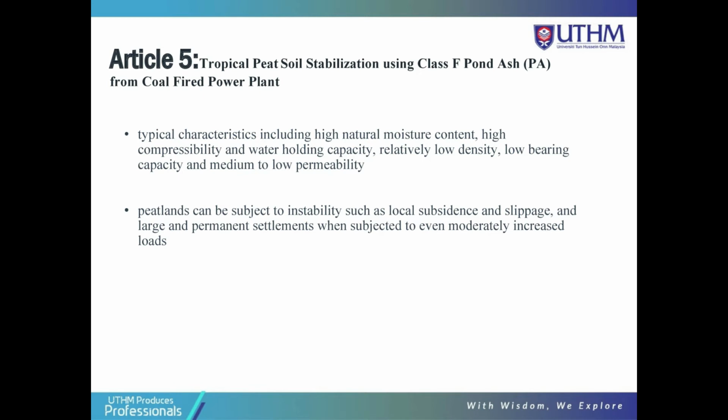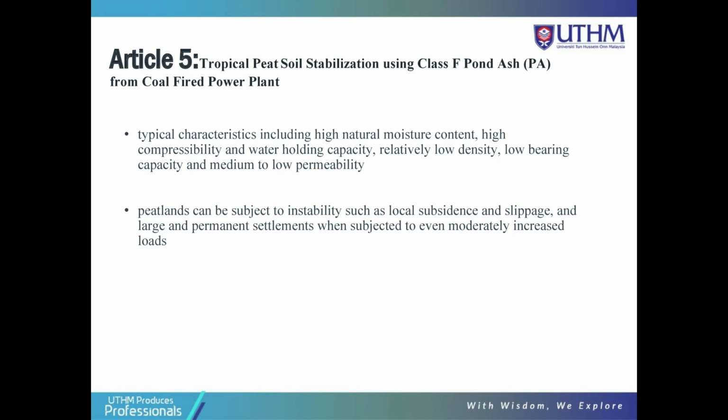For Article 5, Tropical Peat Soil Stabilization using Class F Fly Ash from coal-fired power plants, there are typical characteristics that we can find, including high natural moisture content, high compressibility, and water holding capacity. It has relatively low density, low bearing capacity, and medium to low permeability.